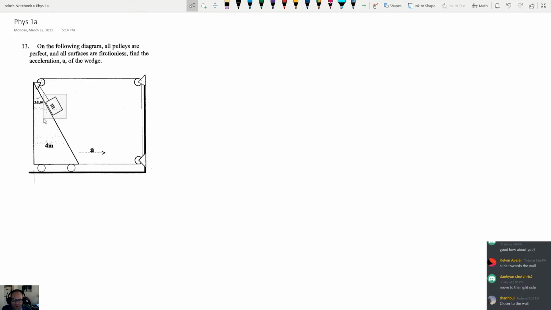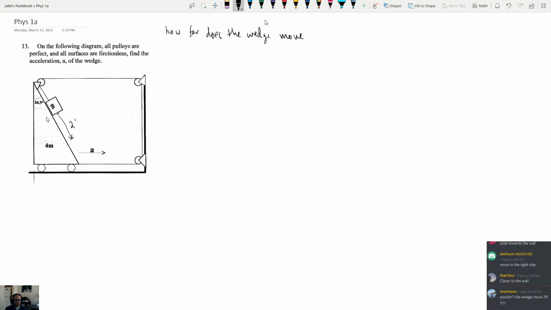If this block were to move down the ramp by, let's say, 2 feet, so the block starts right here and it moves down the ramp in this direction, and it moves 2 feet, how far would the wedge move? I want you all to think about it.